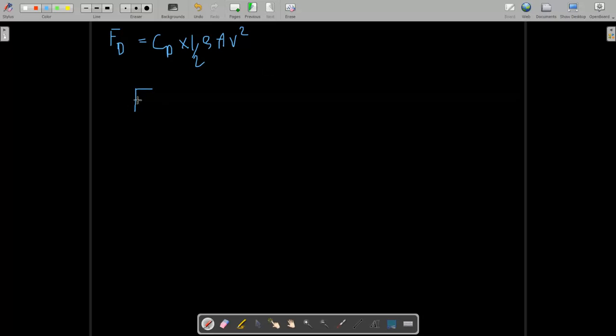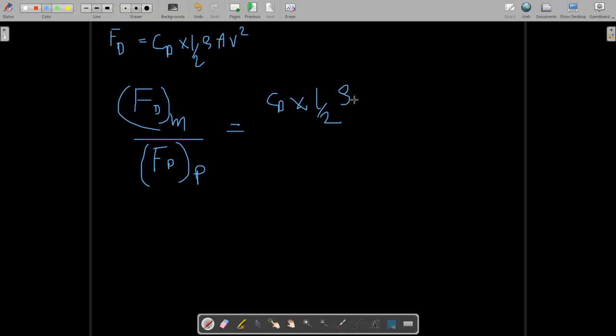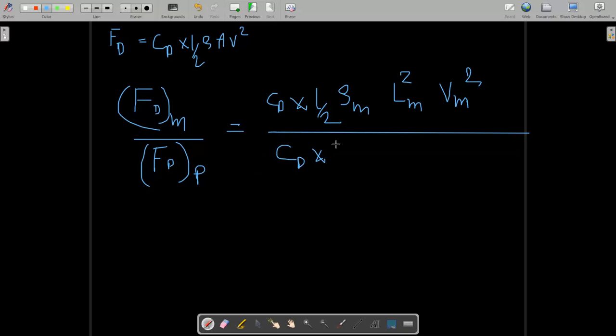So drag force for model upon drag force on prototype is CD into 1 by 2 rho of model, area, that means you can say L square of model in terms of length scale ratio, and velocity of model square. Here coefficient of drag CD multiplied by 1 by 2 rho of prototype, L square prototype, that is area dimension, and velocity of prototype.